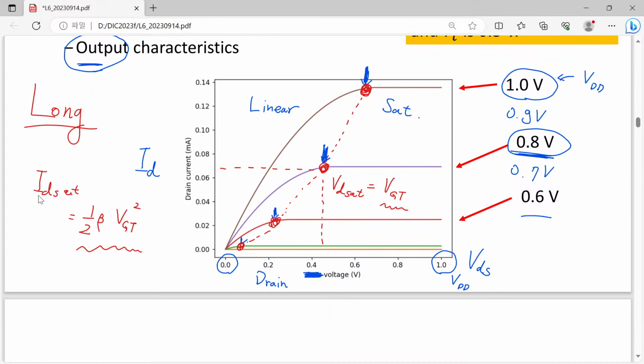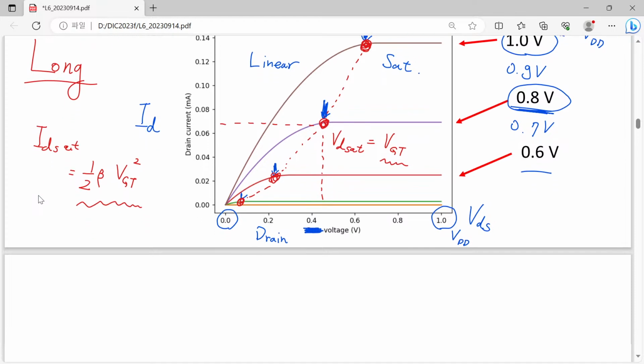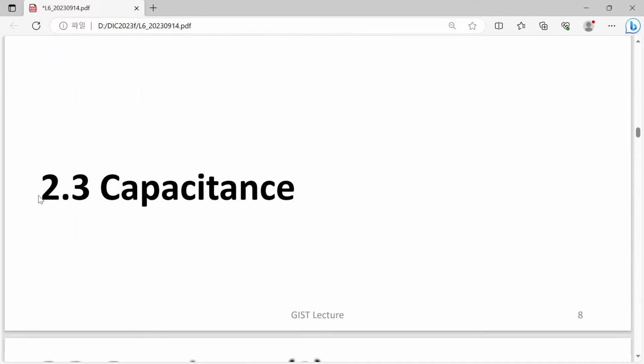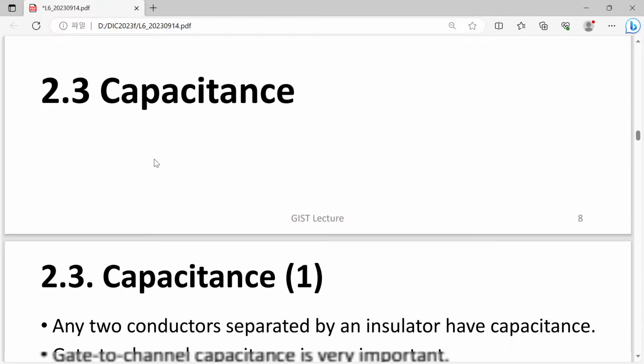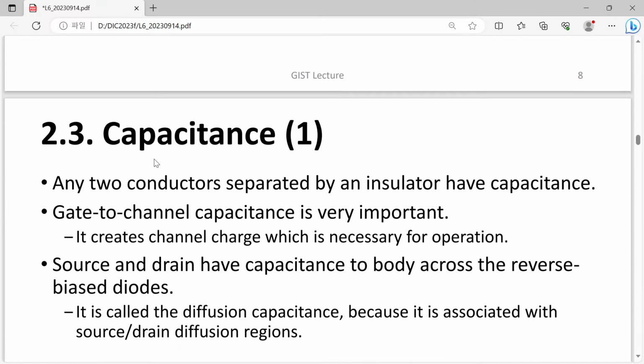Okay, and whenever you have any question, please interrupt me. Then before going into the short channel effect or non-ideal effect, I want to briefly discuss capacitance. Of course, we have already discussed capacitance. What was the capacitance?